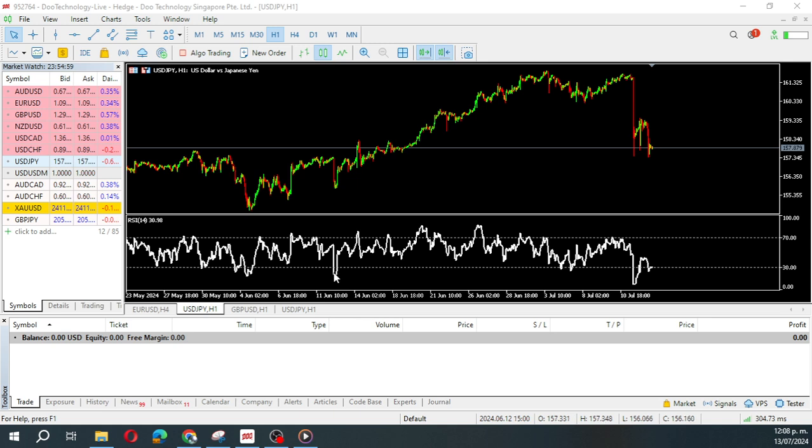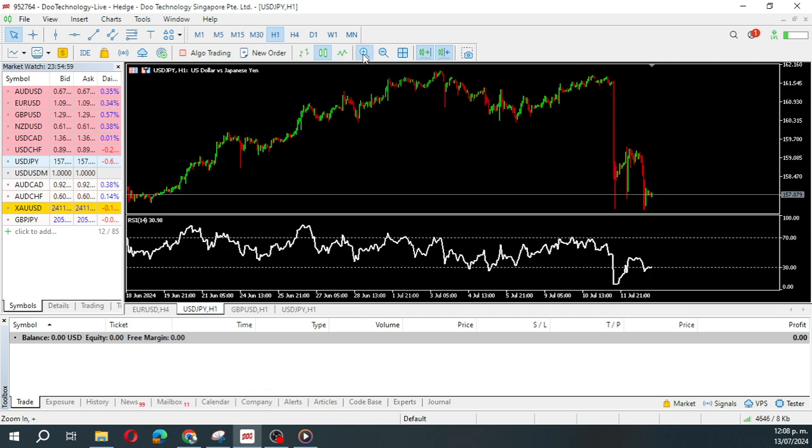When the price is in oversold or overbought areas, there will be a very high probability that the price in an oversold area is going to move up, and when it's in an overbought area, something like this, is going to move down. I'm going to make it bigger, something like this, right?